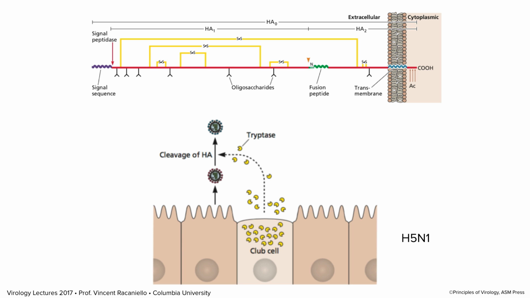I don't know if you remember that, but that's why cleavage is needed. The enzyme that carries out this cleavage is an enzyme that's only present in the respiratory tract. It's produced by cells called club cells, and here these little Pac-Man things are the enzyme.